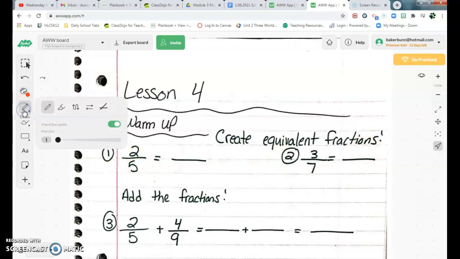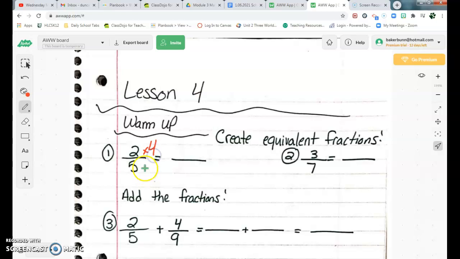I know that to create an equivalent fraction, all I have to do is multiply the numerator and the denominator by the same number. So it doesn't matter what number I multiply it by. 2, I'm going to say times 4, and 5 times 4. I don't care what number you picked. It just can't be 1. 2 times 4 is 8. 5 times 4 is 20.